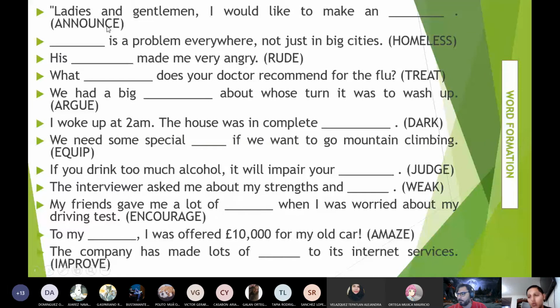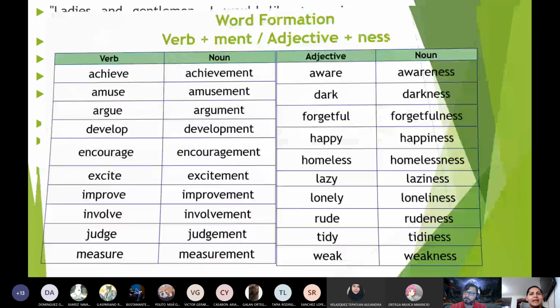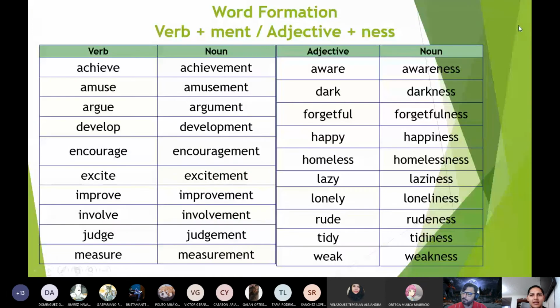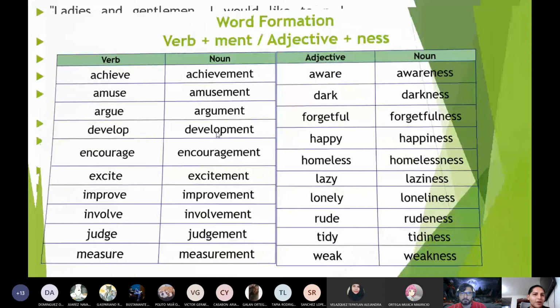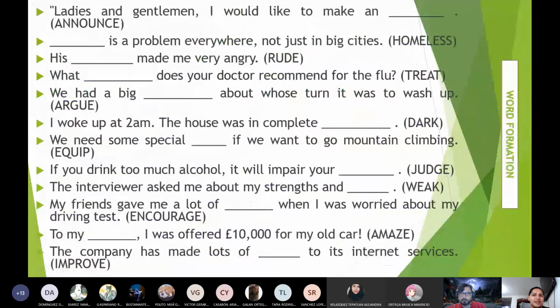The word is a noun. I can do it. Yeah, thank you, Alfredo. Ladies and gentlemen, I would like to make an announcement. Thank you very much. An announcement. Where is it? Well, it's not here, right? No, well, it's not. But well, we're following the pattern to a certain extent. Thank you, Alfredo. Now we have another one.